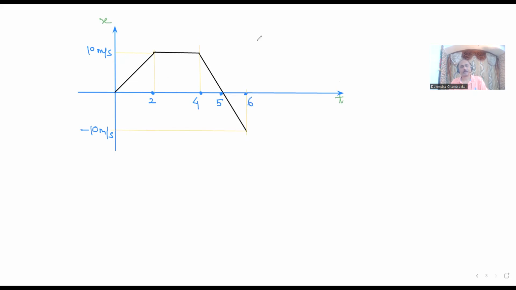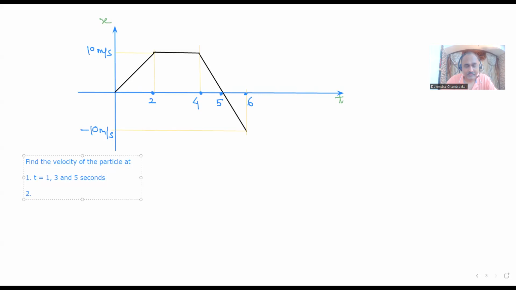Okay. I want you to find the velocity of the particle at, first is t is equal to 1 second, 3 seconds, and 5 seconds. Okay.